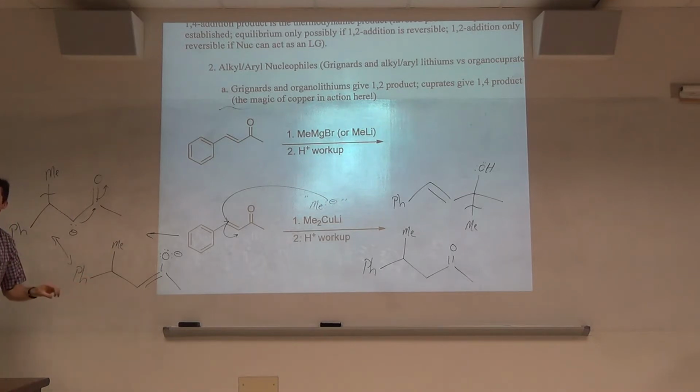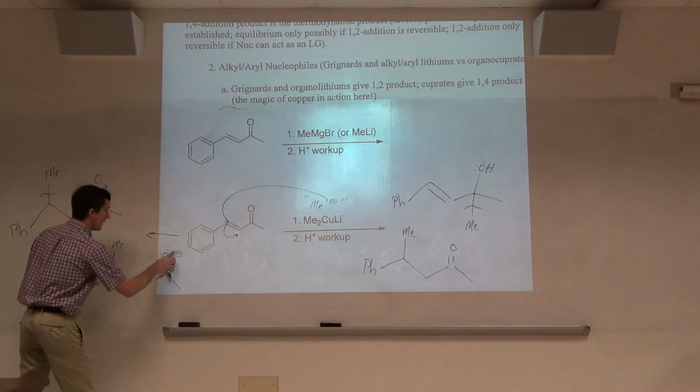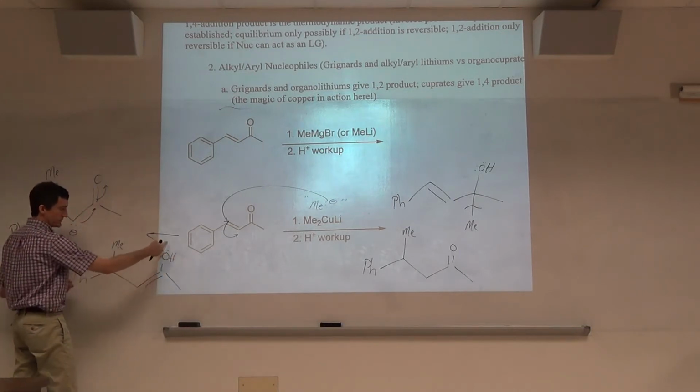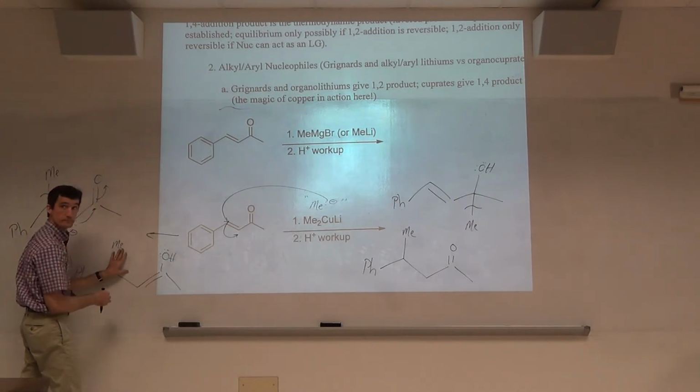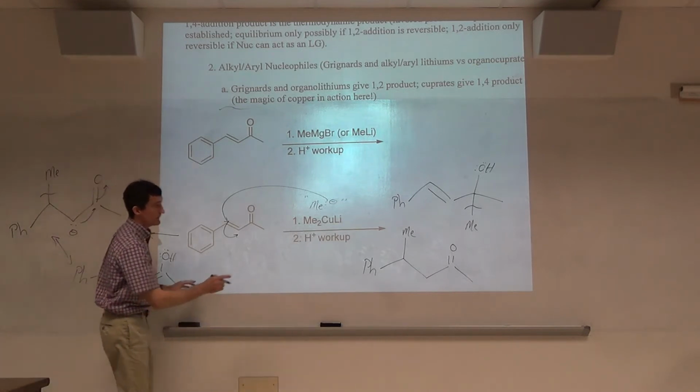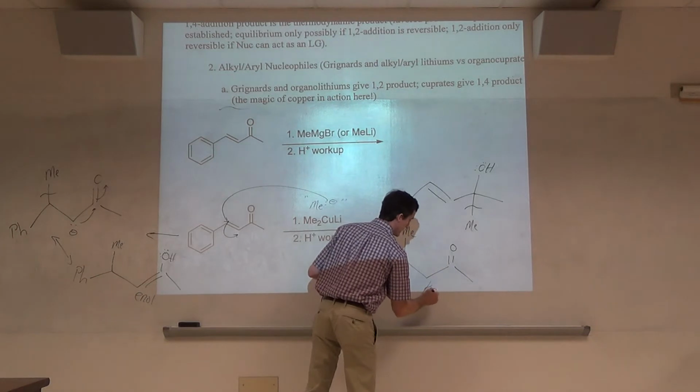So what's the question from there? What percentage of the result after the H plus workup will make an alcohol group there? Okay, if you make this, what is this product called here? Enol. True. And this is called the ketone.